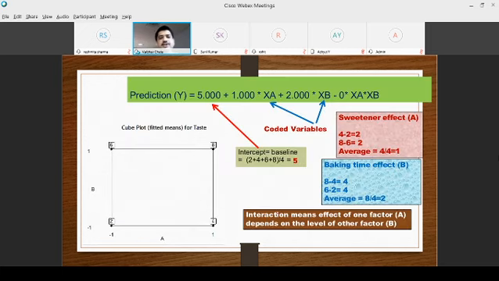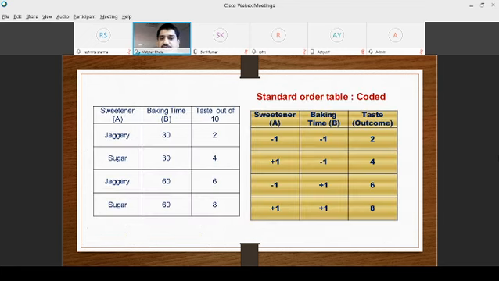How to draw the cube plot? I have taken the example of the preparation of the cake. When Katrina selected the first one, that is -1 -1, what is -1 -1? She has taken jaggery and 30 minutes baking time. At that time, we got the taste as 2.